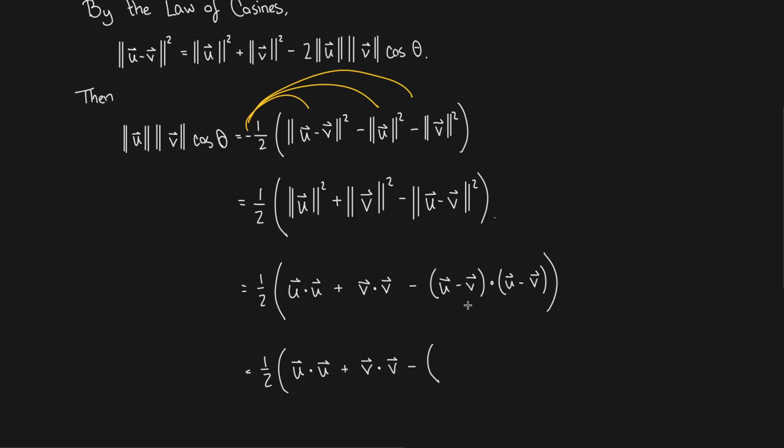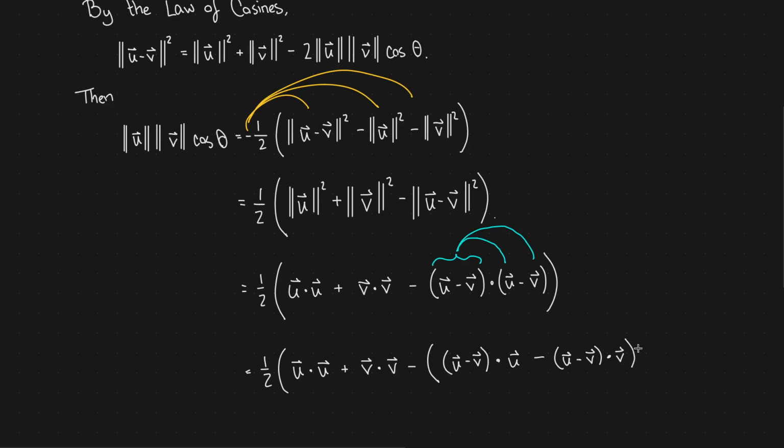So what I'm going to do is I'm going to keep this as one vector, u minus v, but I'm going to distribute this in over here. So that means u minus v dot u minus u minus v dot v.